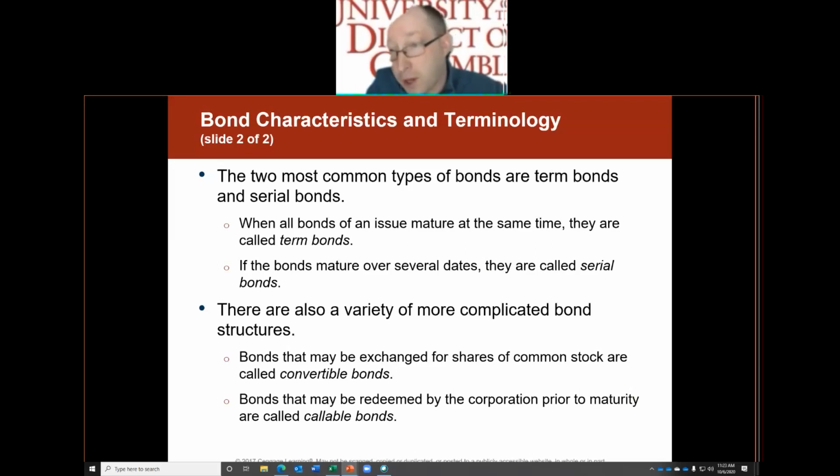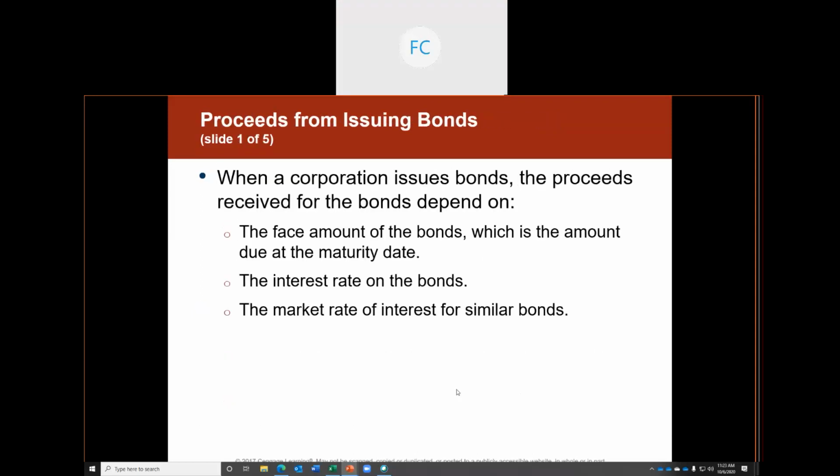So if you read the bond indenture and it says they pay X amount more prior to the maturity date, it's probably a good investment from a personal perspective. So very good.